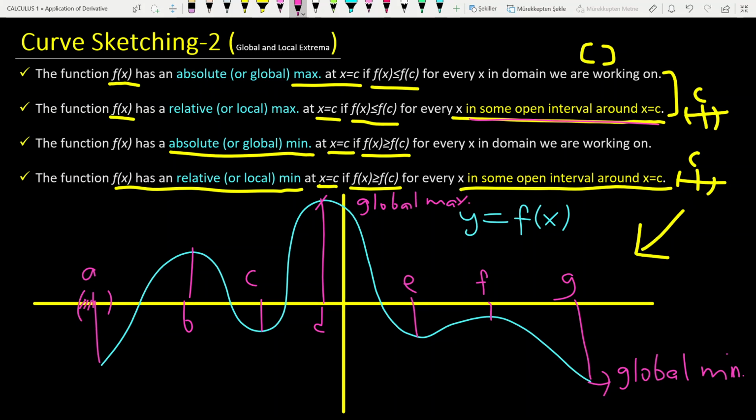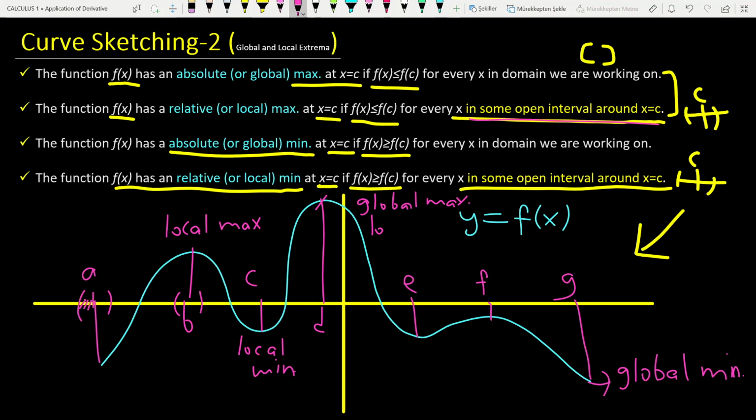Okay, very clear. What about the point B? We have some open interval around the point B. This is why B can be a local maximum. What about the point C? Using the same idea, the point C is a local minimum point. What about the point D?